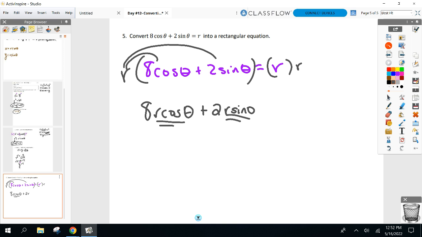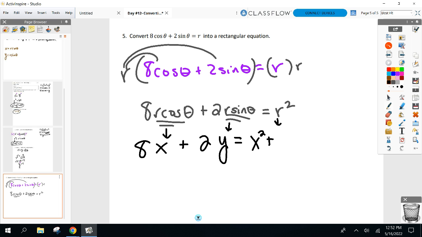Now this looks familiar. 8x plus 2y. All right, do your substitution now. 8, what do you got for r cosine theta? x plus 2y equals x squared plus y squared.